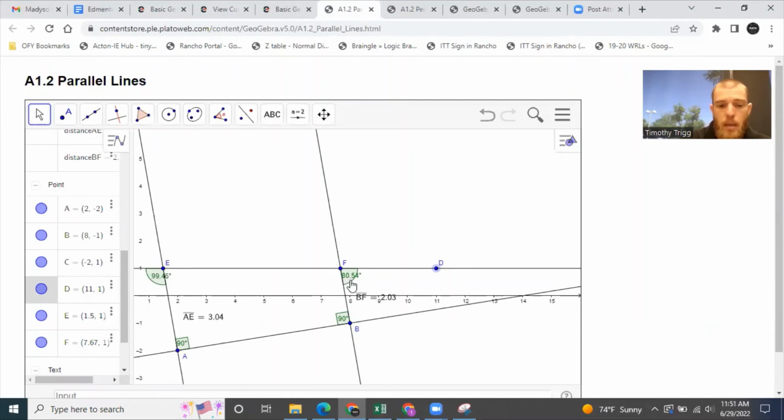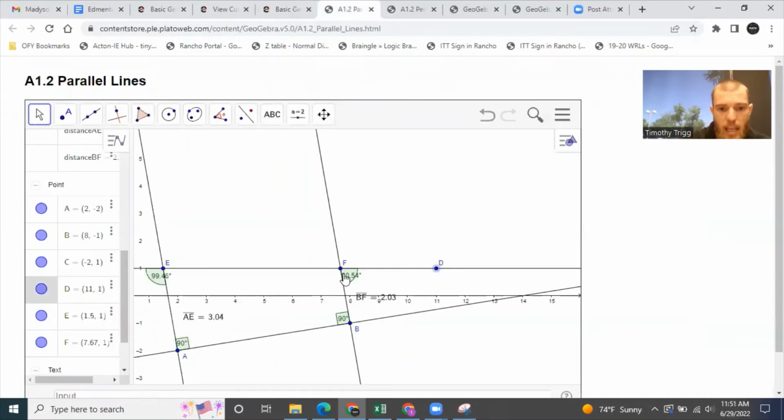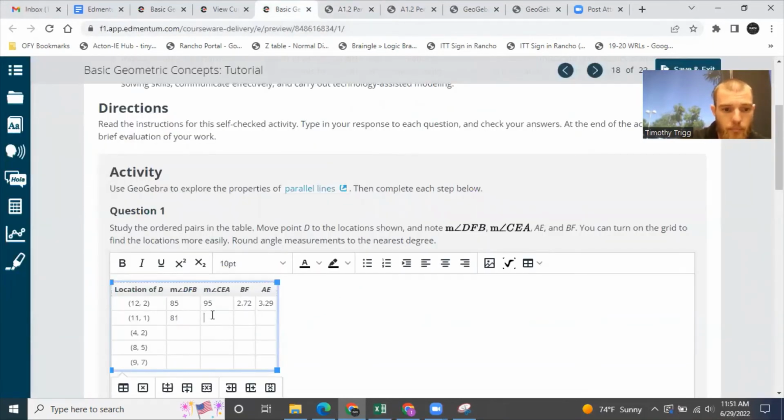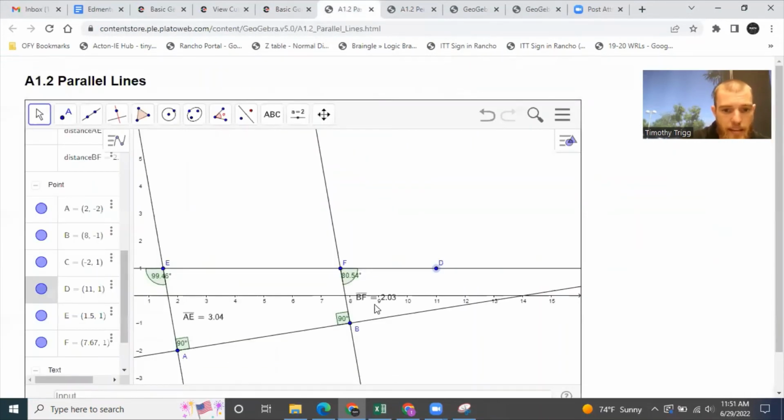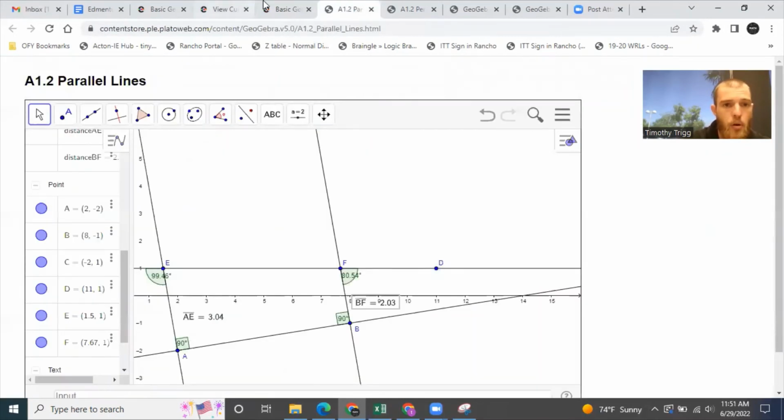This one says round to the nearest degree, so that'd be 81, because the 80.5, that 5 rounds it up, right? And then this one, 99. BF has a length of 2.03, and then AE has a length of 3.04.